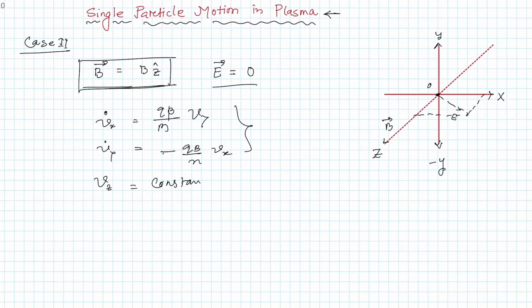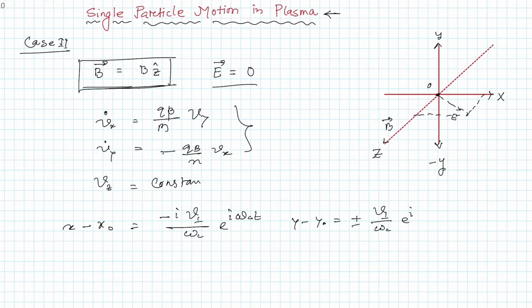And solving these two, we had got these equations also. You should remember that x minus x naught is equal to minus i v perpendicular by omega c into e to the power i omega c t, and we had also got that y minus y naught is equal to plus minus v perpendicular by omega c into e to the power i omega c t.